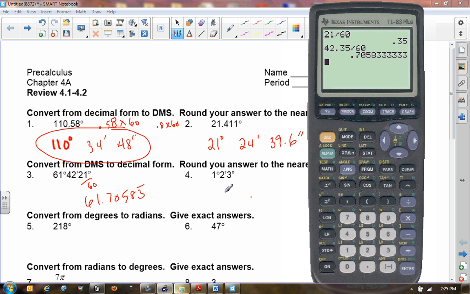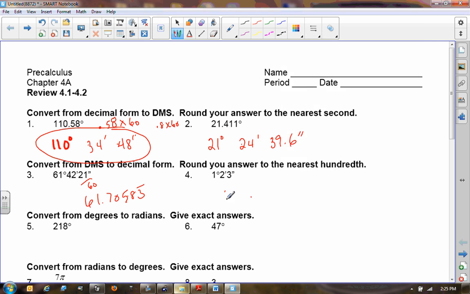So on number 4, I'm going to take 3, divide by 60, take the 2 with that decimal answer, divide that by 60. That's your whole decimal, so it's 1.034. To the nearest hundredth, you could have just gone 1.03. That's fine.